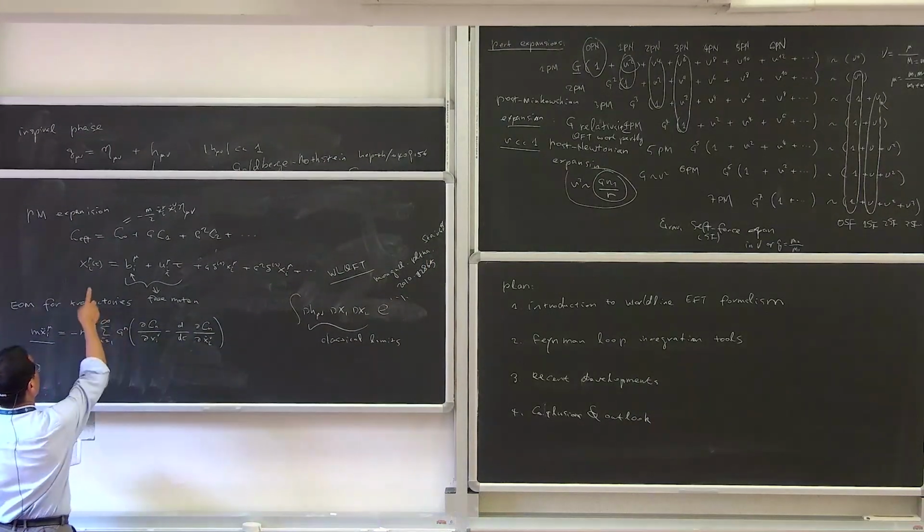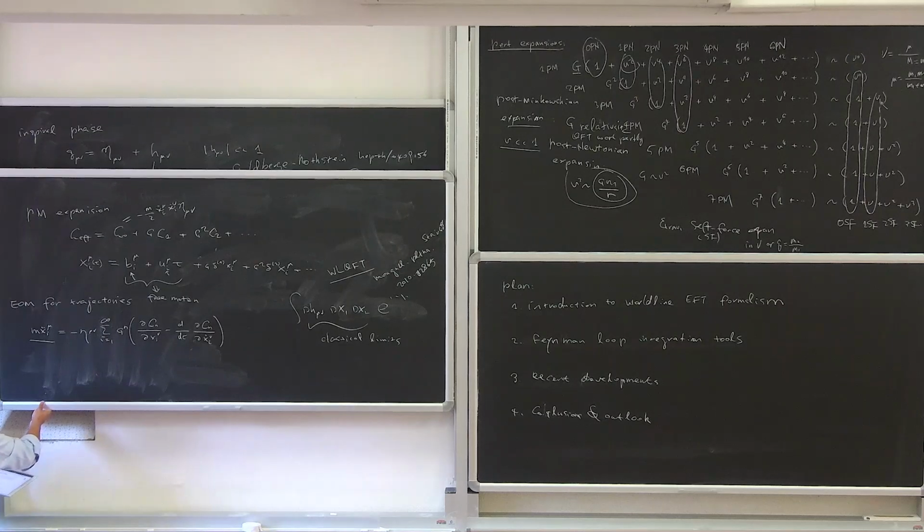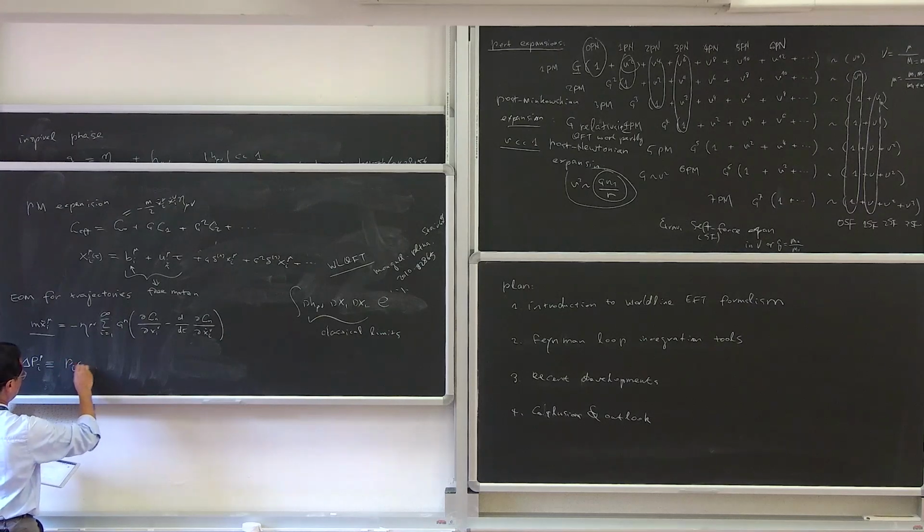From the effective action and from the equations of motion for the worldlines, we can compute physical observables. For example, we can compute important observables in scattering, like the change of momentum from the initial to the final state.